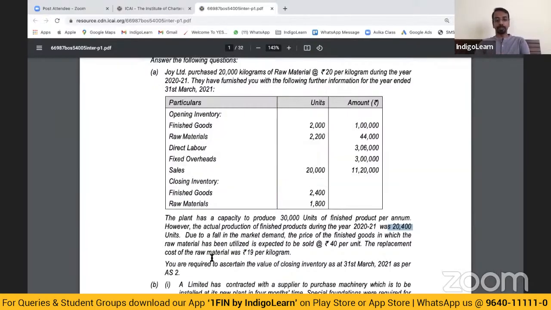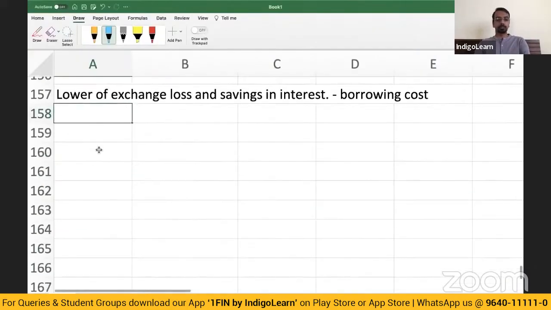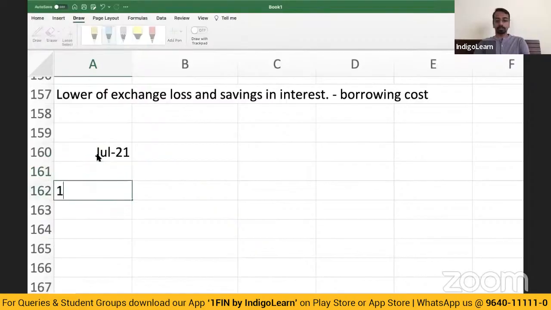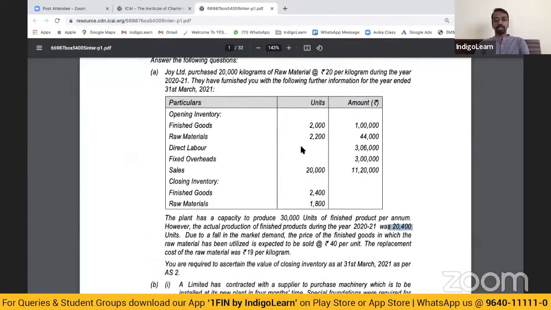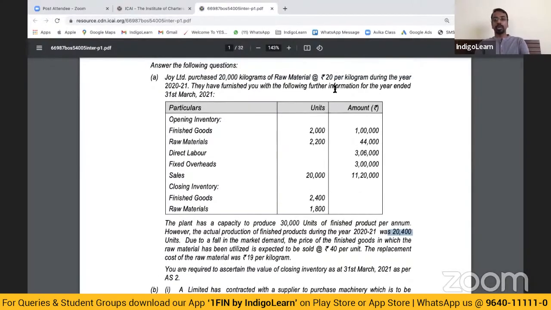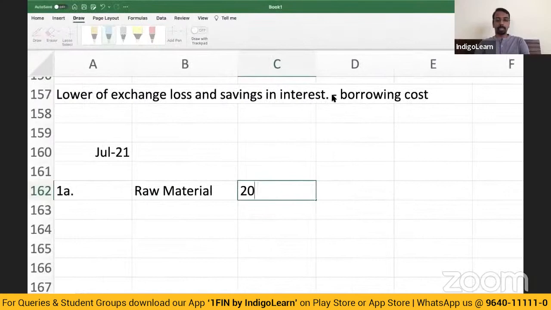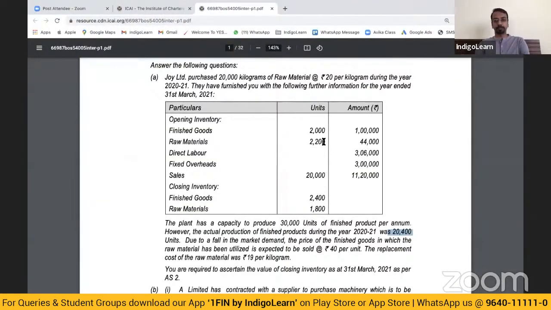So now here, what is the raw material cost? Raw material cost is 20 per kilogram. In the past also they have been purchased at 2,200 into 20, so no complication there. Direct labor is 3,06,000.